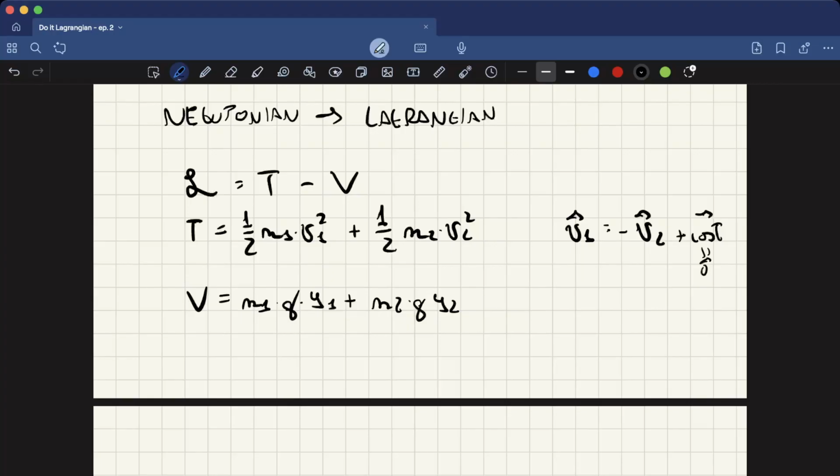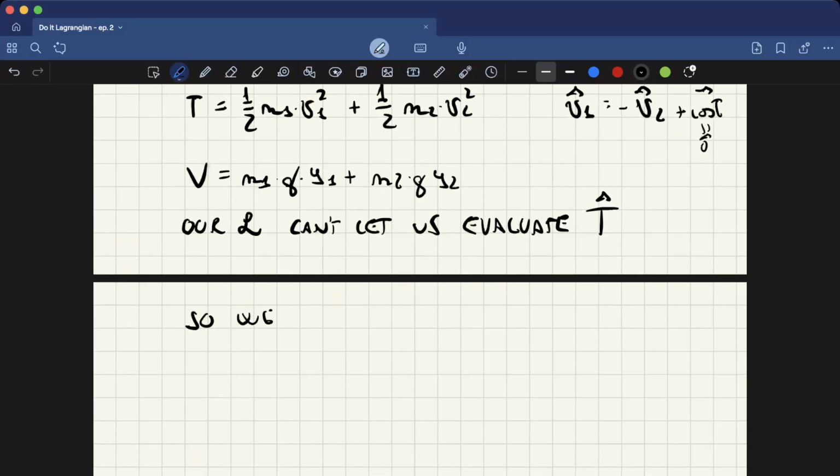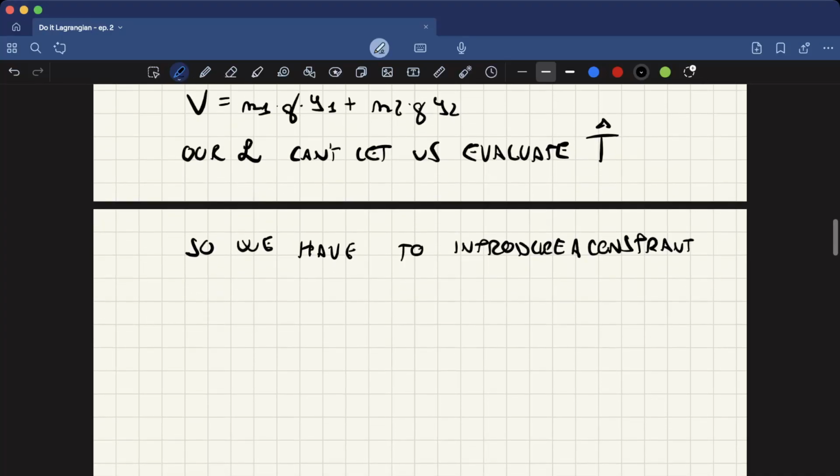Okay, and in this case our L can't let us evaluate the tension. So we have to introduce a constraint in this case, because it's only one, and this is due to the chord.